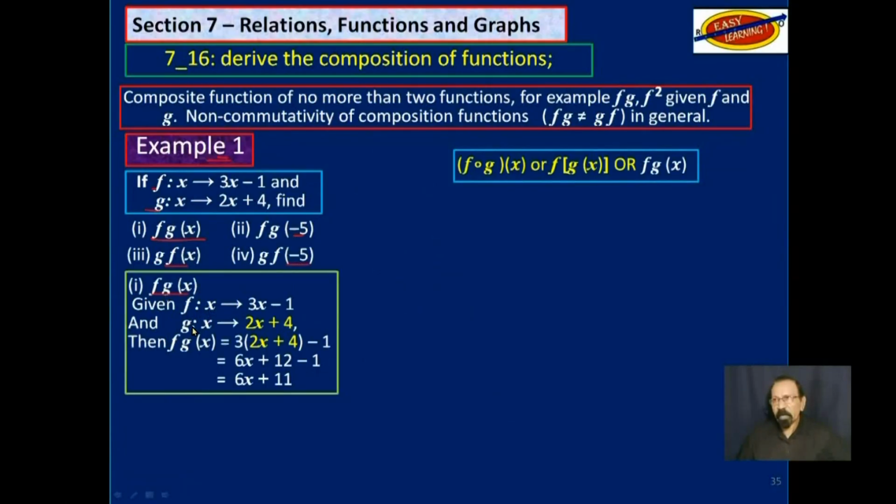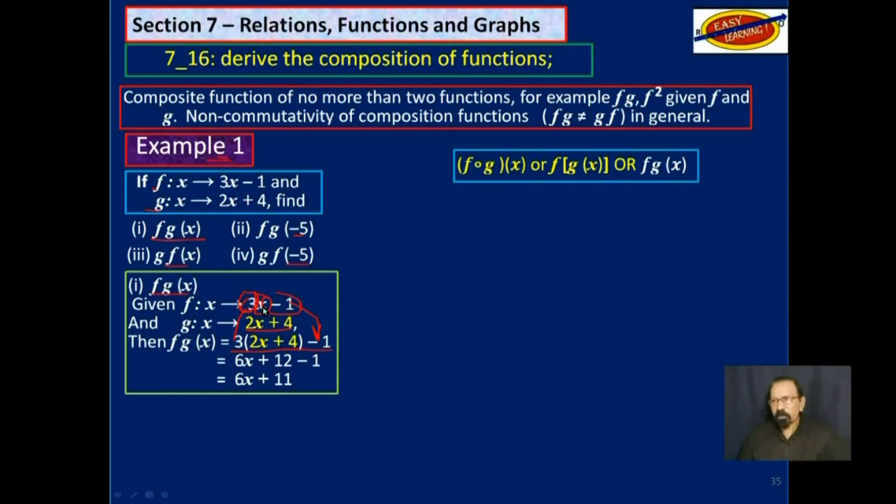We will take f of x, which is this, and substitute in for that x this g of x, which is what we have here. We still have the 3 here. We still have the -1 here.